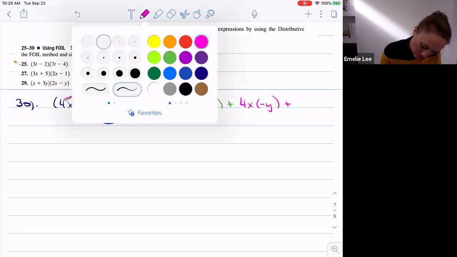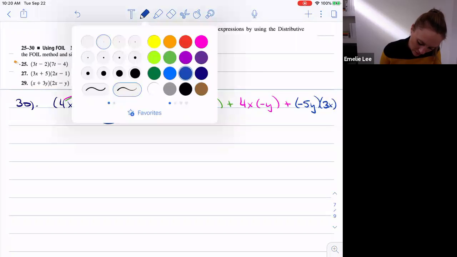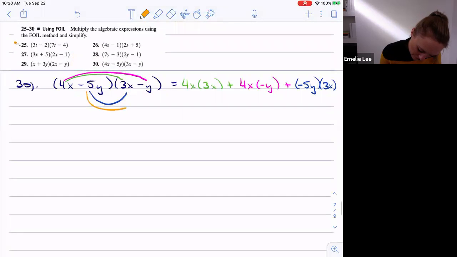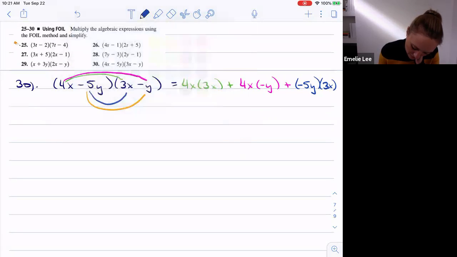Plus negative 5y times 3x. And then finally, the fourth one, plus, in orange, negative 5y times negative y.